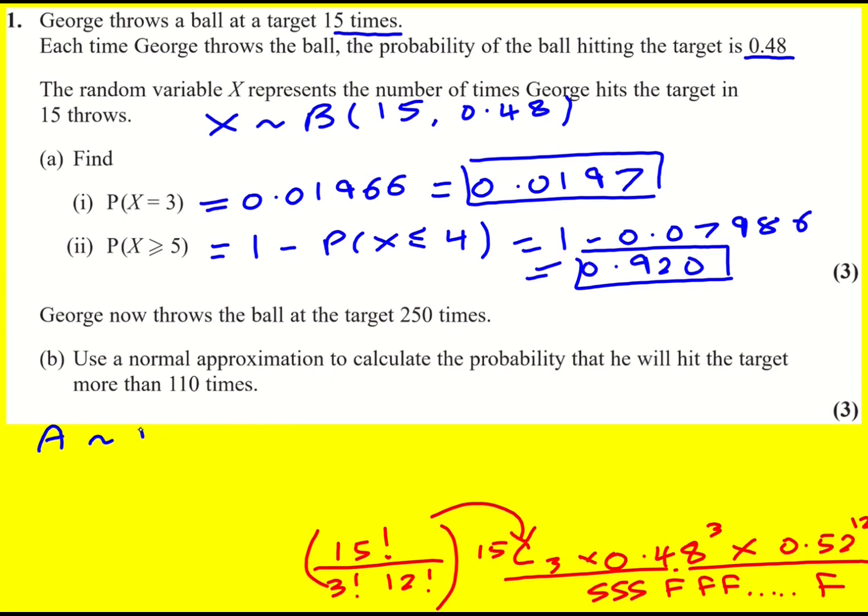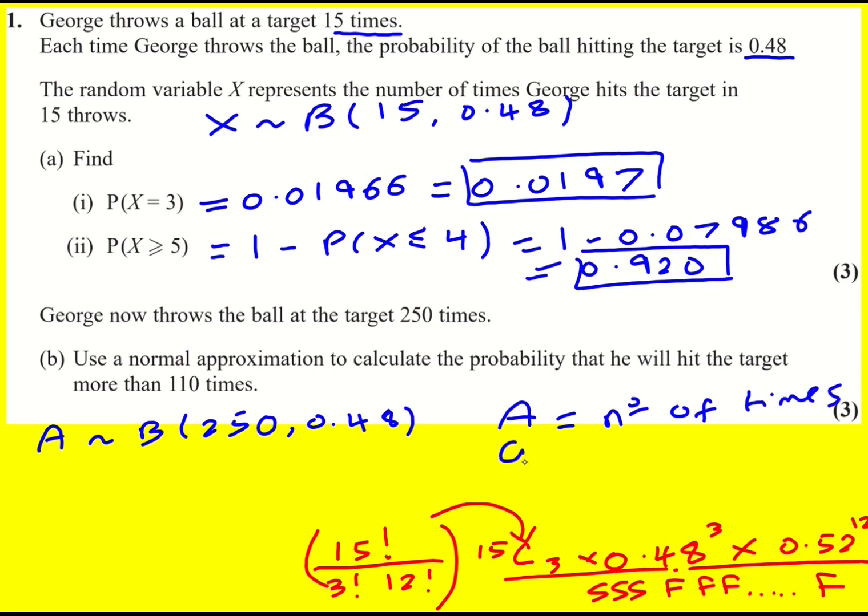It's not essential, but I think it's good practice. So 250 and 0.48. Should we define it? Okay, I'm going a bit overboard, but A equals number of times George hits target from 250 throws.